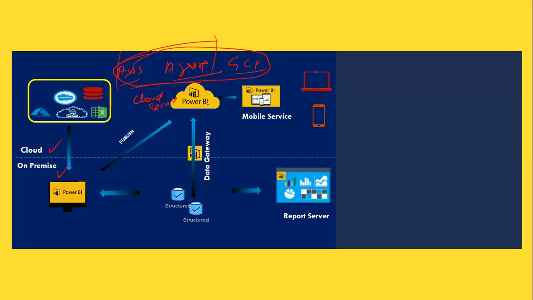You can access all the reports across the globe anytime once the report is available on cloud. That's where the cloud service comes into the picture. A 60 days trial period is available. You can sign up and use it for a 60 day trial. With the Power BI cloud service, you can publish the report on cloud and just play around there. Beyond that, it will expire.